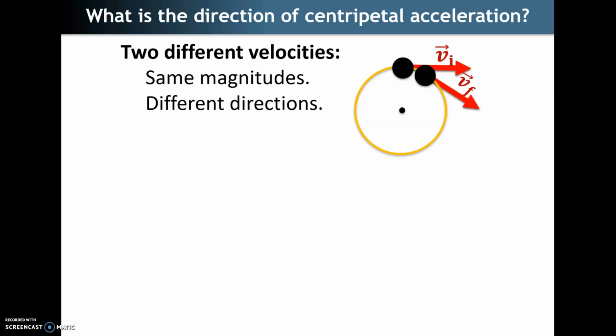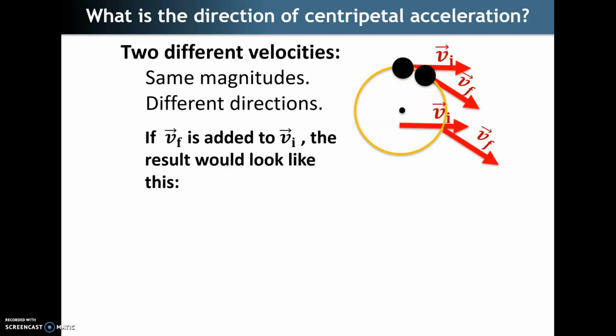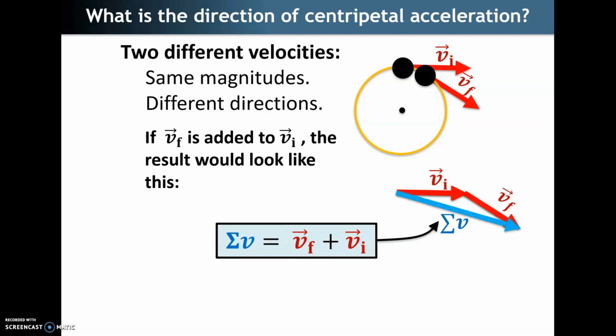All right. So we can do a couple things with these vectors. Usually with vectors, we like to add them, right? If we added the vectors, we would see something like this happen. We're using the tail to tip method, and it would lead us with the resultant vector, which would be the sum, adding up the final velocity plus the initial velocity. Something else we could do is actually subtract these vectors.